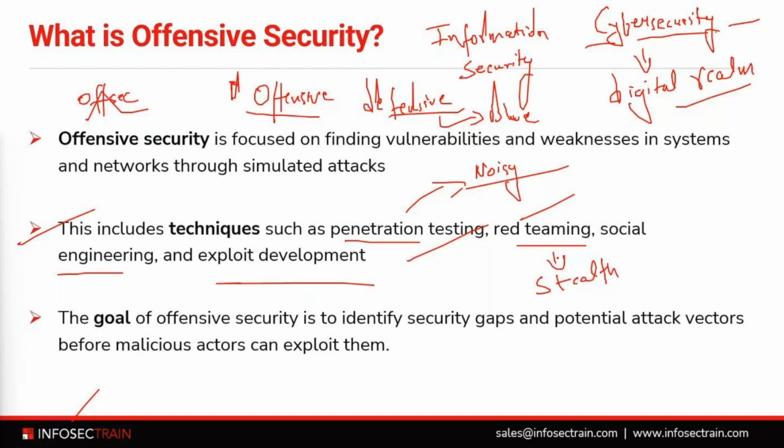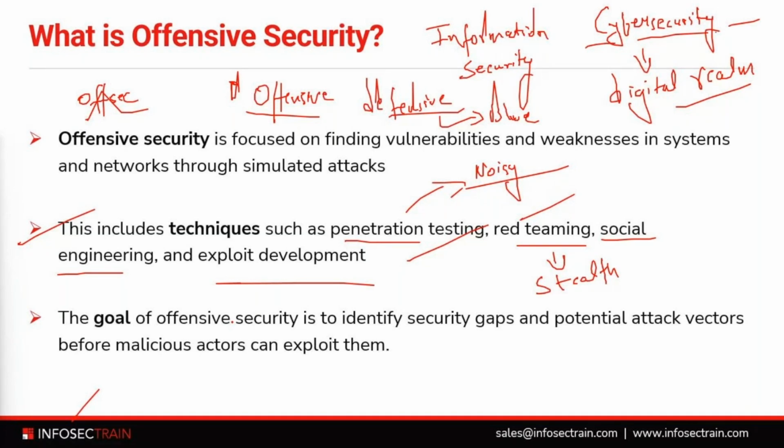Then we have social engineering. What's social engineering? We have seen lots of emails, right? Attackers send emails, and those emails contain links or attachments. If we download them, the attacker will get access to our system.